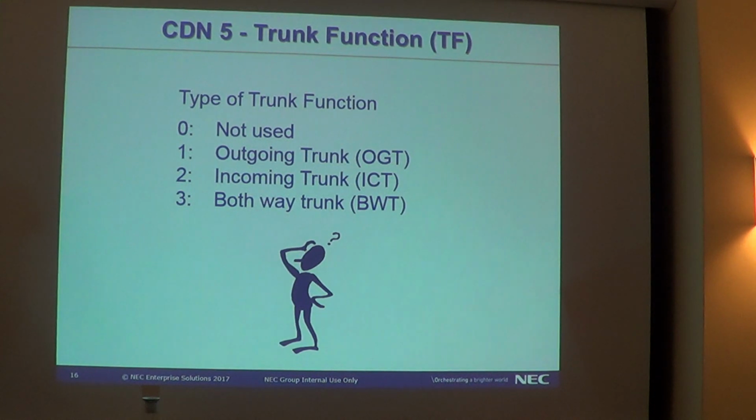Trunk function, CM5. In the old days, we also depended only on the COT. So imagine that you have a 95 installed in premises, you have 3,000 users, and you have only 16 trunks. For 3,000 users, yes. That means all the time my route is busy.